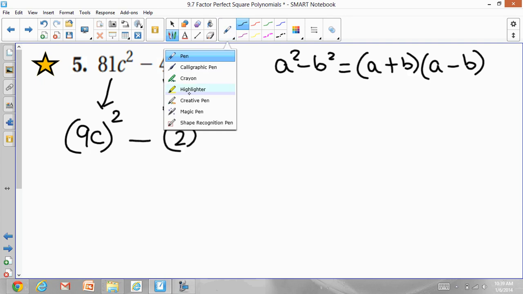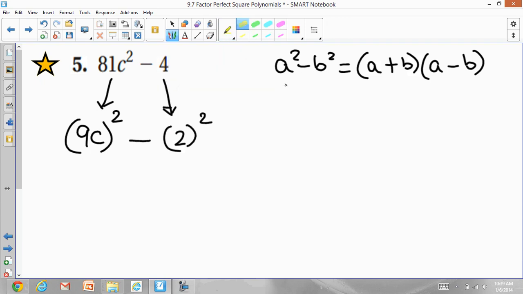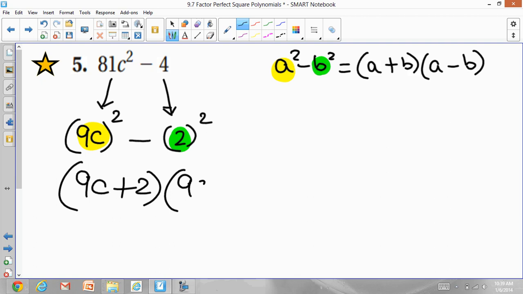So if you recognize, I'm going to highlight and show you, your a is nothing but this and your b is nothing but this. Watch the similarities. So this is a squared minus b squared. So which is the same thing. So your answer should look like a plus b, a minus b. So which basically means 9c plus 2 and 9c minus 2 will be the answer.